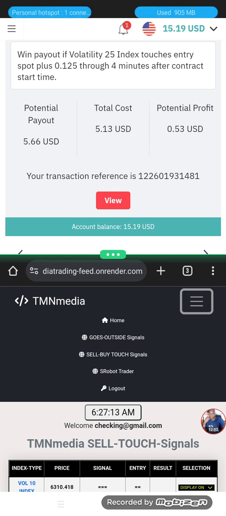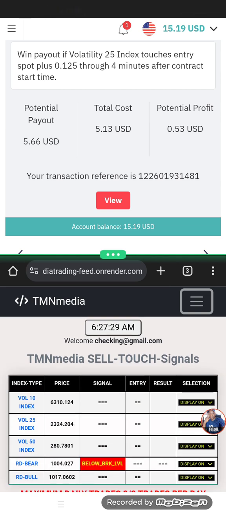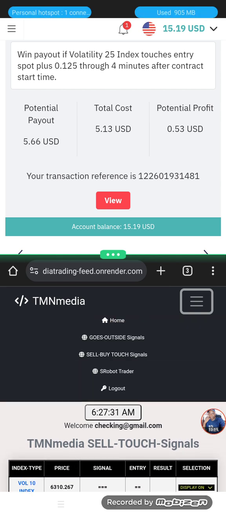You can see me showing you the signal setup. Instead of trying to show you from my laptop, I just said, let me upload it on the server so that every other person can also connect with it and use it.